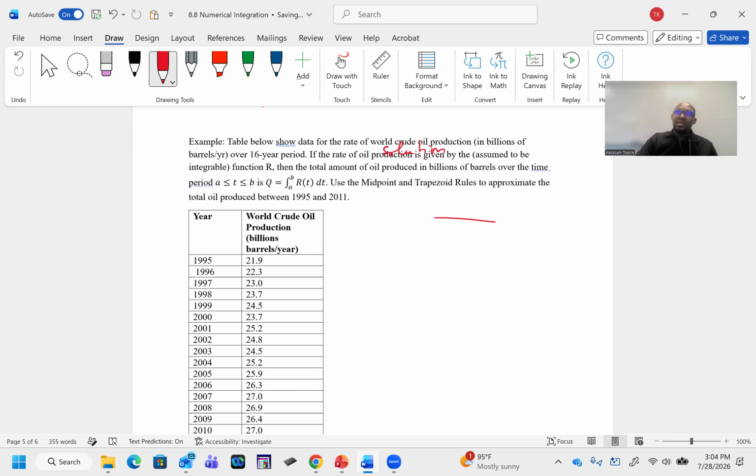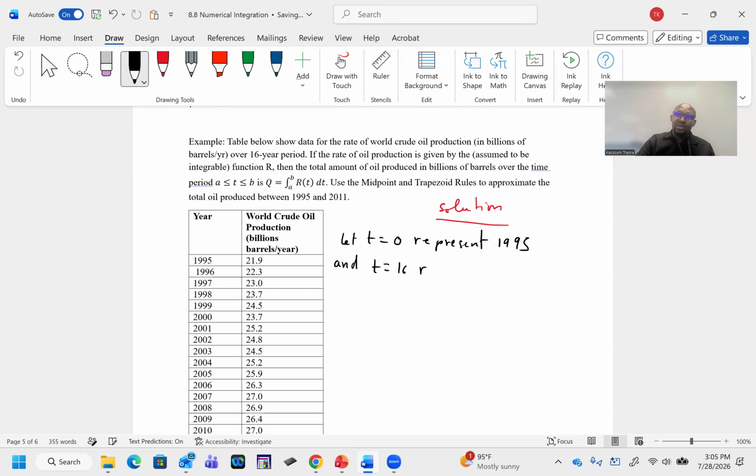For convenience, we will set first, let t be equal to 0 represent 1995, and t is equal to 16 represent 2011.